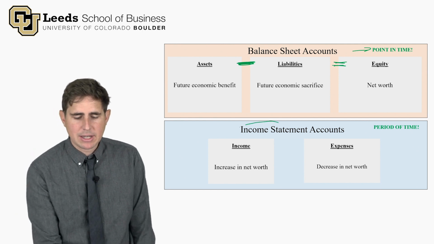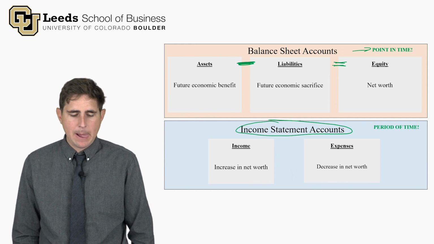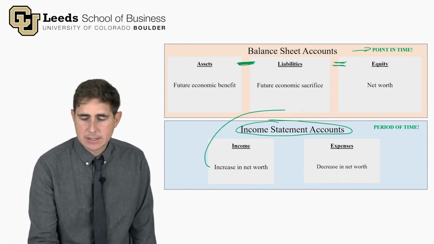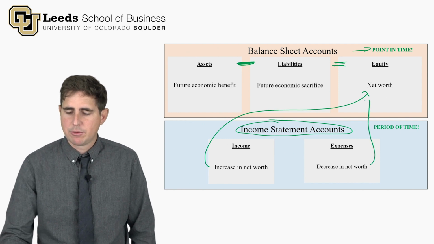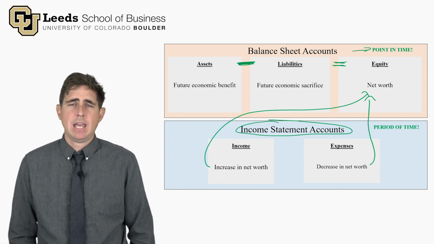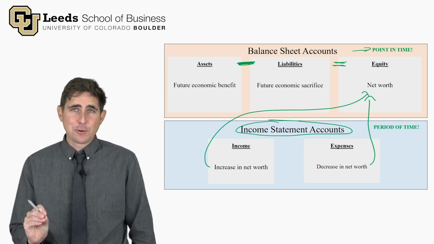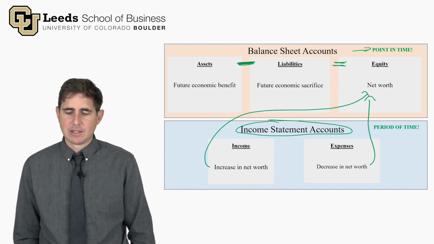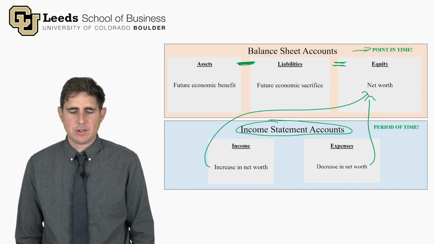Income statement accounts, again, I've separated into 2 subcategories: income and expenses. Income generally increases the net worth of a company, and expenses decrease the net worth of a company. And if you remember, income and expense accounts get closed to retained earnings at the end of each period, and so that's how they actually affect what's shown as net worth on the balance sheet.